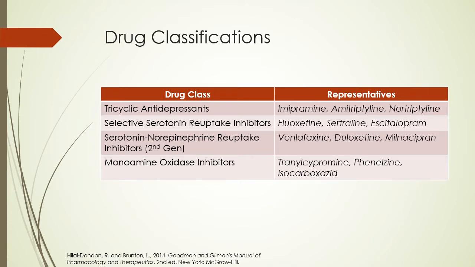So serotonin norepinephrine reuptake inhibitors block both the reuptake of these two neurotransmitters, and therefore, with the increased levels of both serotonin and norepinephrine, potentiation and synergism even can be observed. And therefore, these drugs are very potent antidepressants.